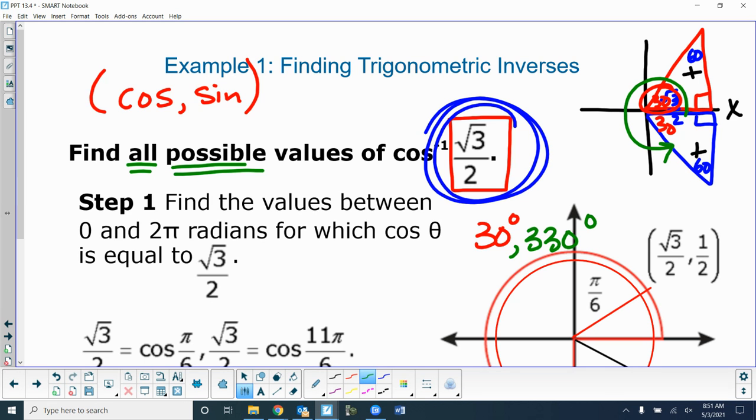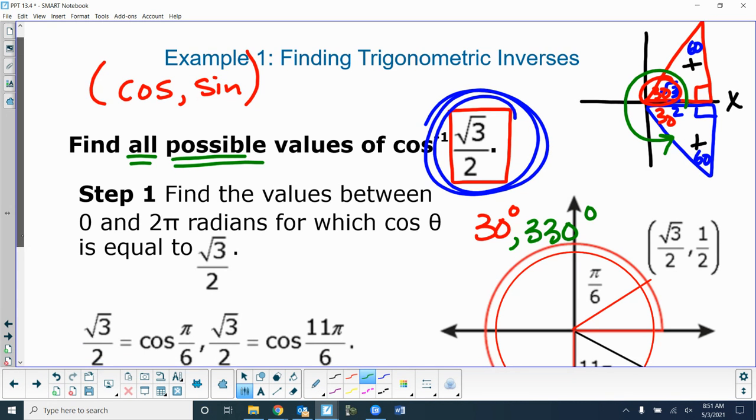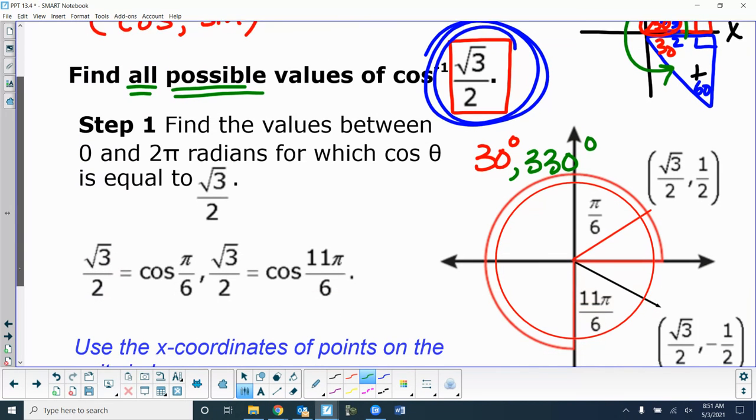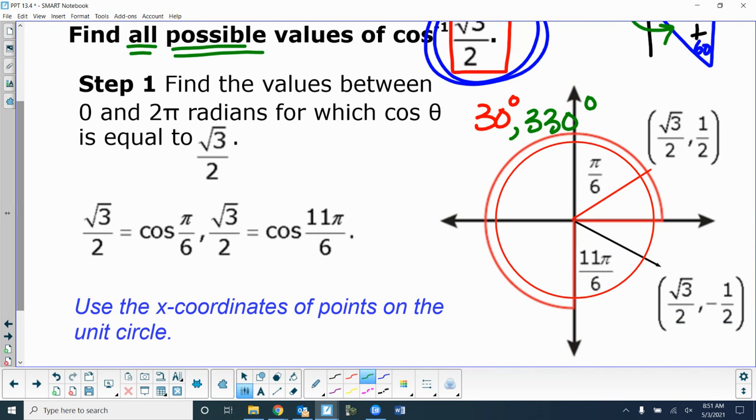Now, they're giving us the answers in radians. I'm just going to tell you to find it in degrees. But pi/6 is 30 degrees, and 11 pi/6 is 330.